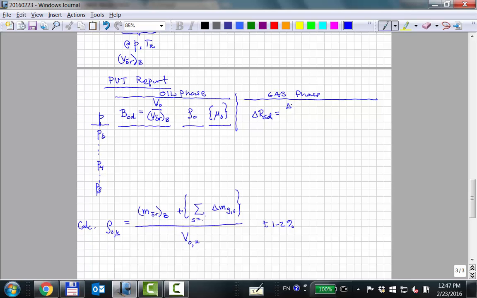So that's delta NG. And then you have to convert that to a standard volume with our 23.68 number. And that's R TSC over PSC. Divided by that final residual oil from the bleeding process.